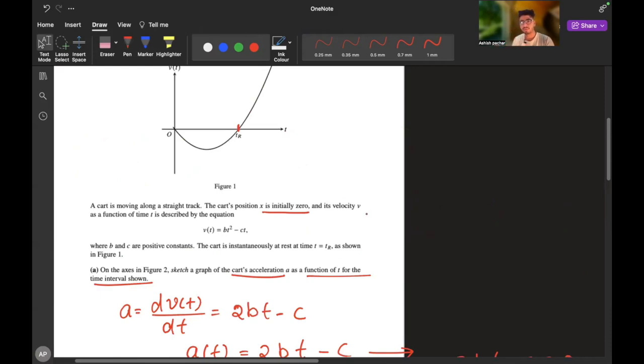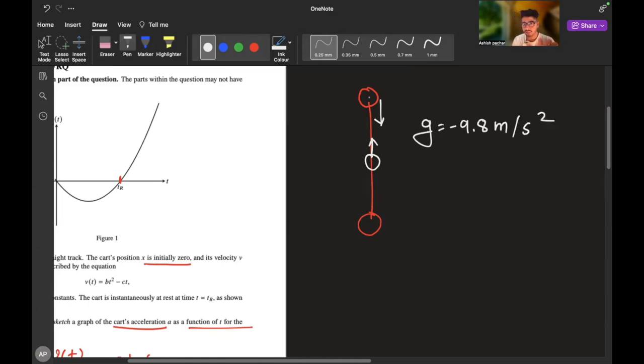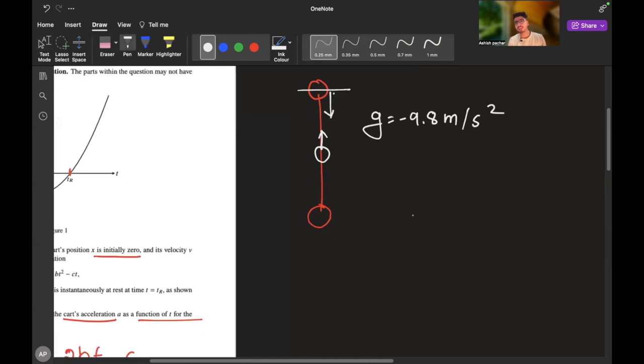If you look at this carefully, if I give a simple example, when you throw a ball up, it will stop momentarily at a point, but acceleration is still there, because acceleration is always negative whether the ball is going up or down, and its value is minus 9.8 meter per second squared. So even when it is stopped at the maximum height, acceleration is still there, because acceleration is defined as the rate of change of velocity.